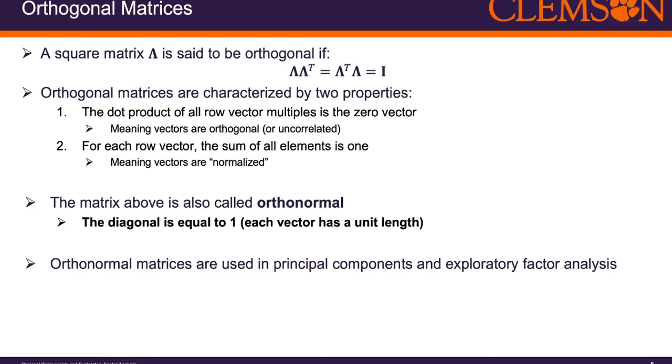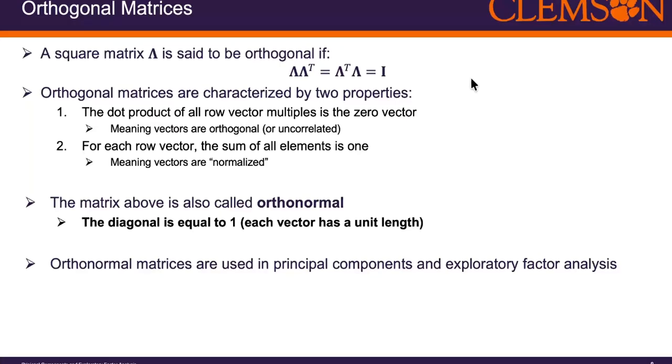Another property of the matrices we like to talk about, and this is much more important for principal components, is something that we'd like to define in an orthogonal matrix. A square matrix, let's call it capital Greek letter lambda, is said to be orthogonal if the following property holds: that the matrix times its transpose is equal to the matrix transpose times it, which is equal to the identity matrix.